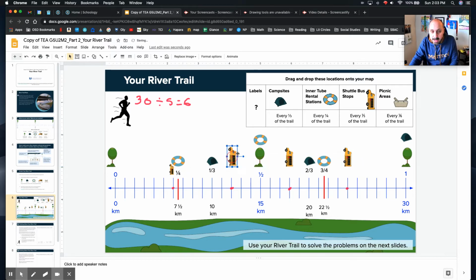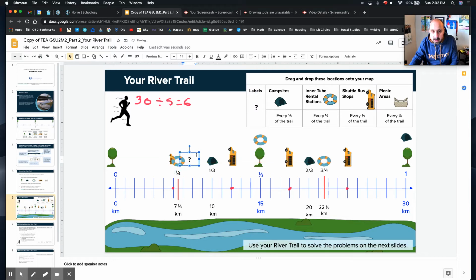Okay, so now I need to put in my numbers. I think I need to pull that up a little. I'm going to write this over here. So this is our 1/5 point, and I'm making these a little smaller. I'm actually going to 12 font.